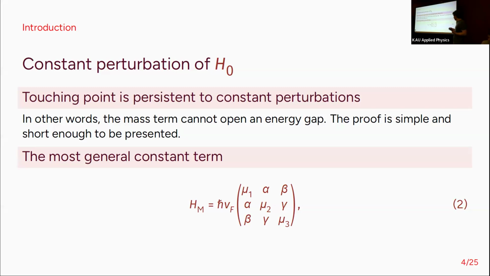Here it is not that obvious, and we add the most general constant Hermitian term to our Hamiltonian. The only thing that isn't added here is the purely imaginary part, because it will only give the translation in the k space.